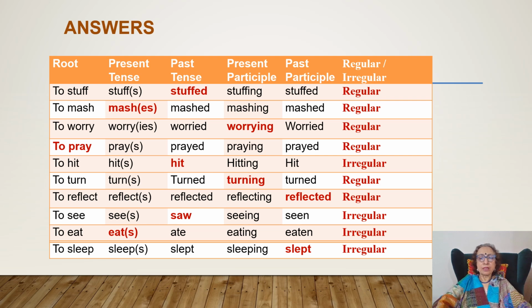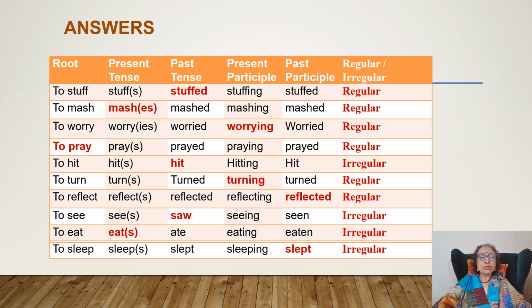Here are the answers. In the first verb, to stuff, one was missing, and that is stuffed, the past tense. Since stuffed past tense and stuffed past participle both have an ed ending and are exactly the same, it is a regular verb.